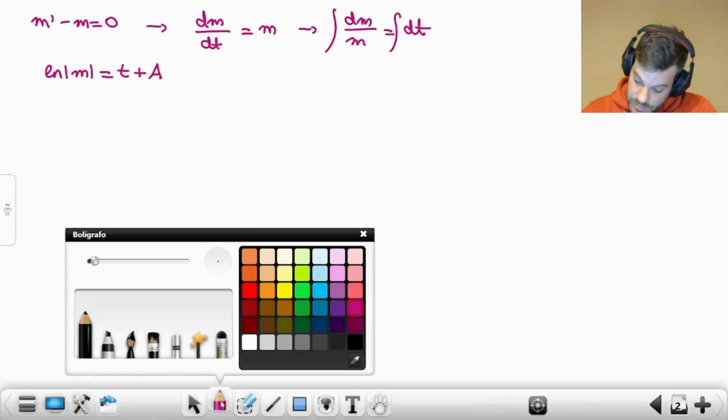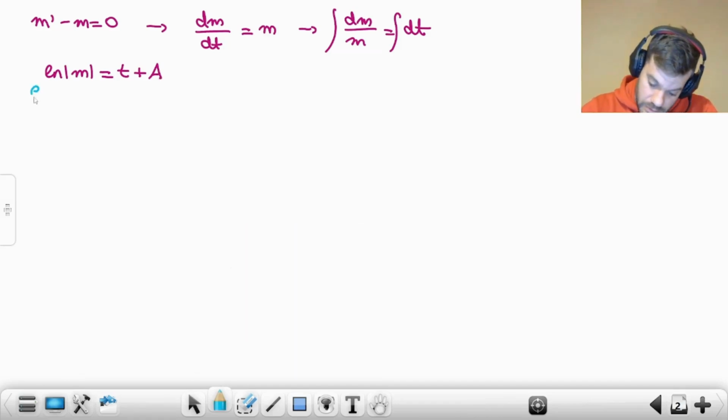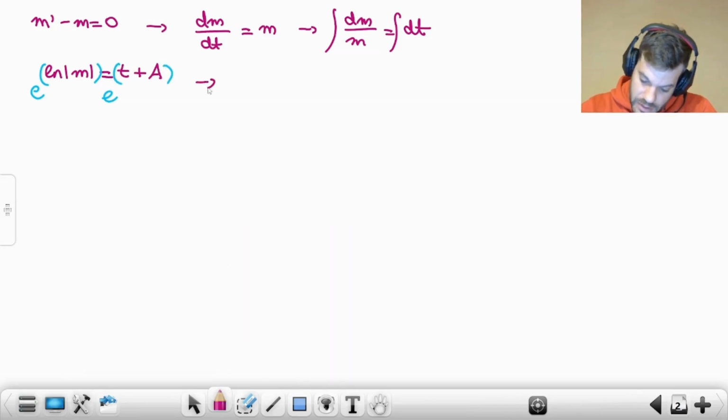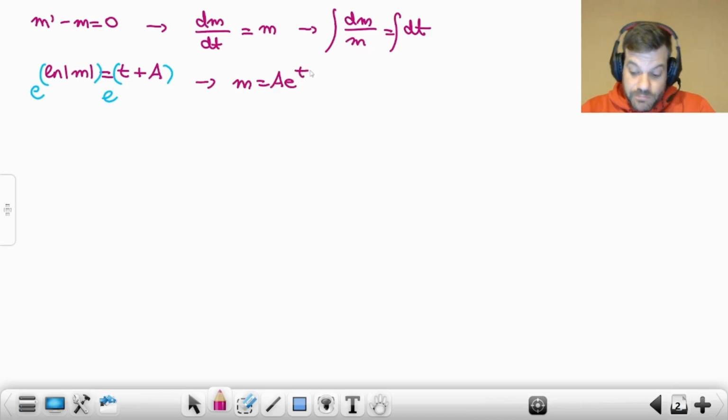Exponentiate left and right. Okay, so e to the... and we obtain m equals e to the a constant, which is another constant. Abusing notation, I'm going to rename it as a, why not, times e to the t.